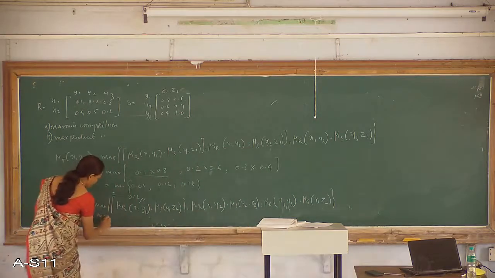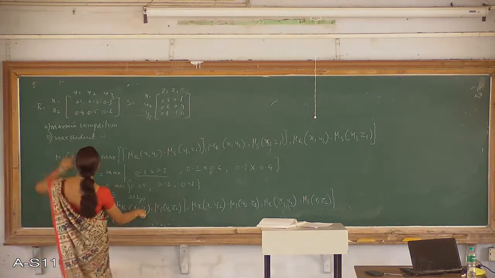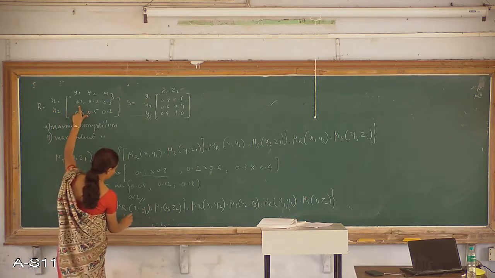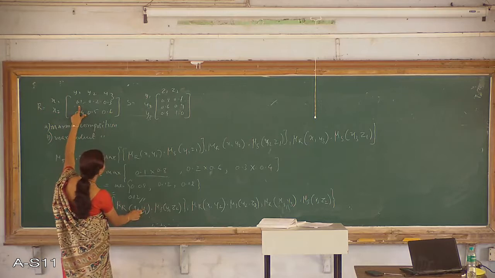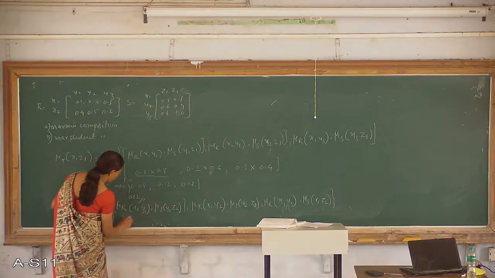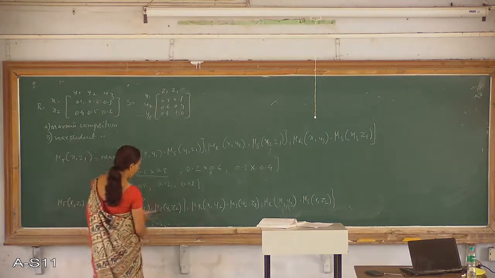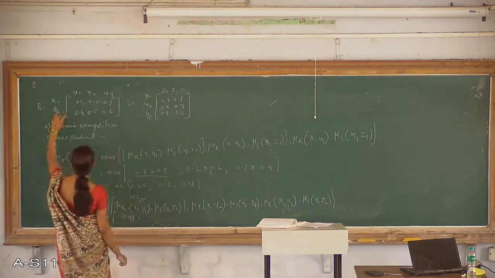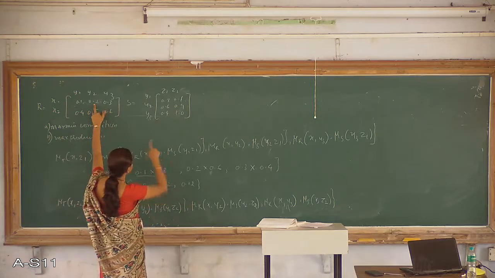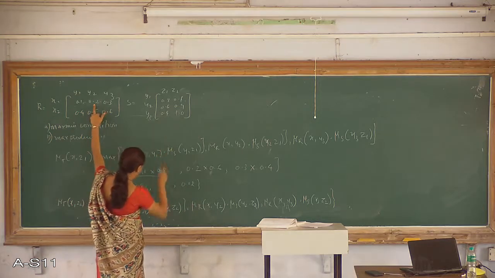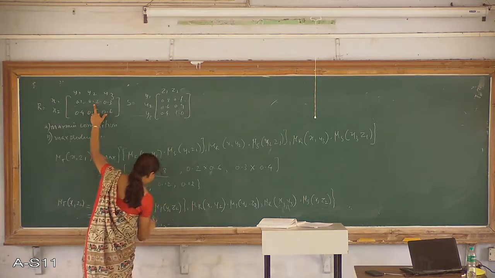You have max of mu r of x1 y1. What is x1 y1? 0.1 into y1 z2. y1 z2 is 0.1, so it is 0.01, comma. Then you have x1 y2. x1 y2 will be 0.2 and y2 z2 will be 0.9. 9 twos are 18, so 0.18. Correct?